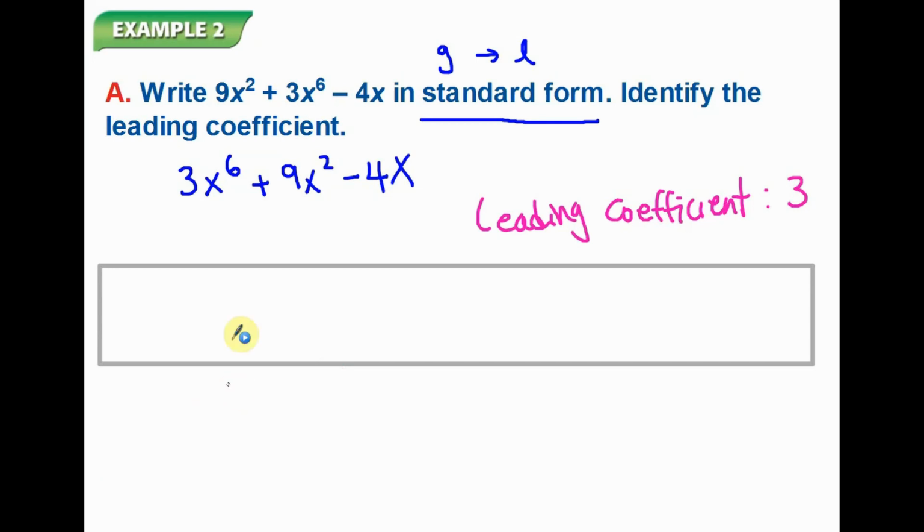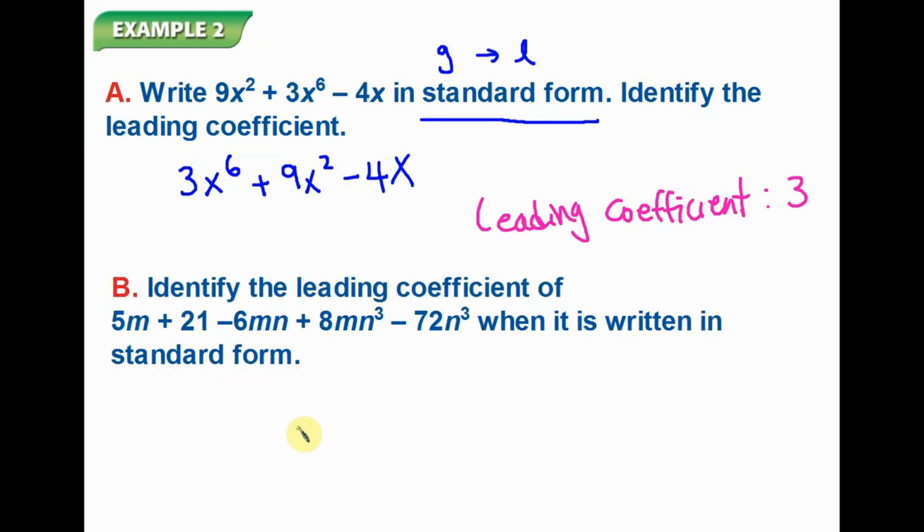Here's the next example, part B. Identify the leading coefficient of 5m plus 21 minus 6mn plus 8mn to the third power minus 72n to the third power when it is written in standard form. This is not written in standard form, so we are going to rearrange it from the highest degree to the lowest degree.